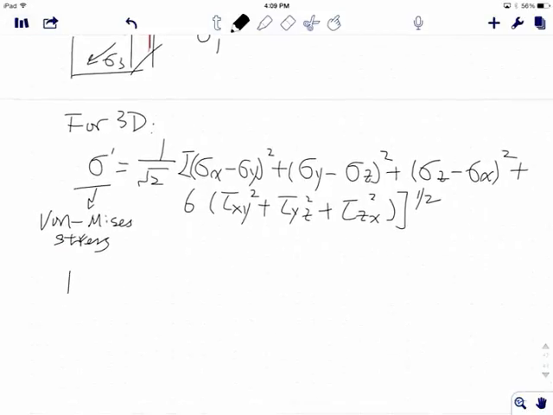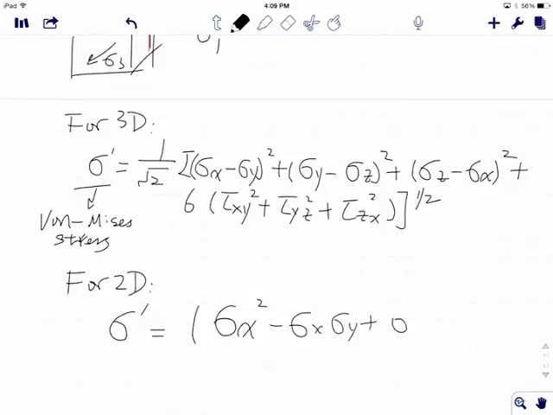Okay, so also we have a 2D case. Sigma prime is nothing but the square root of sigma x squared minus sigma x sigma y plus sigma y squared plus 3 times tau xy squared.